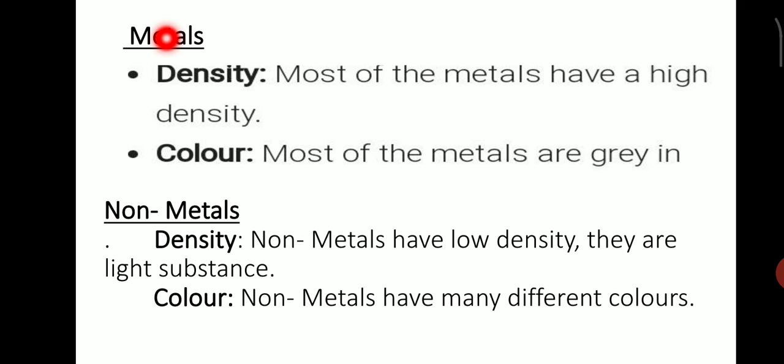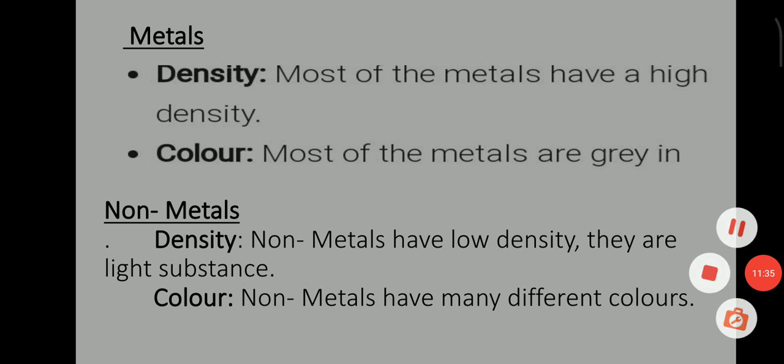Then about density. So metals have high density. We studied that all these metals are solid in nature, so naturally they have high density. There are also exceptions, sodium and potassium, which have low density.